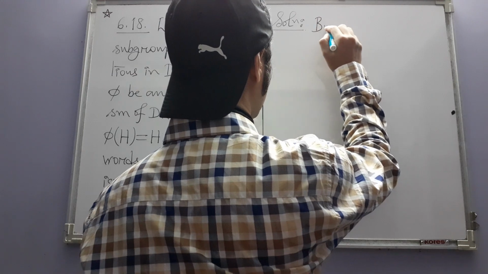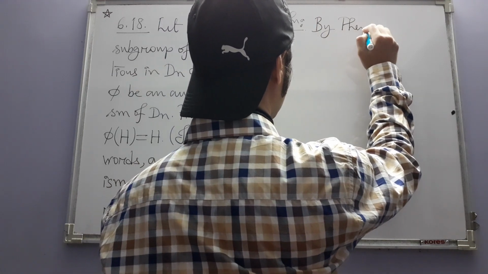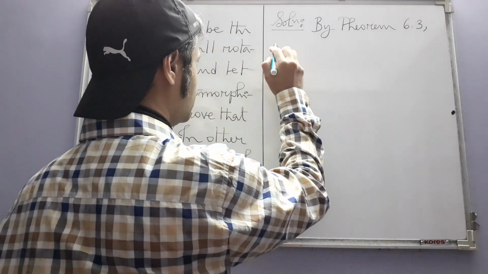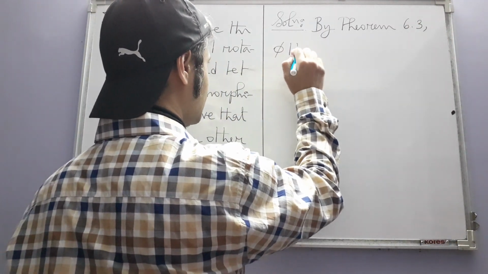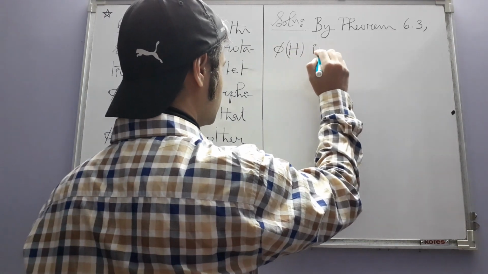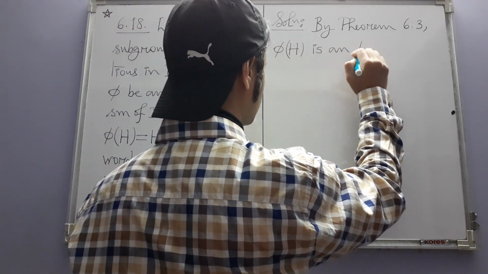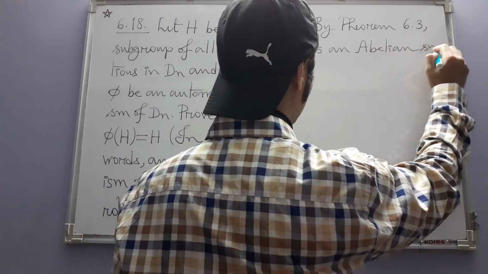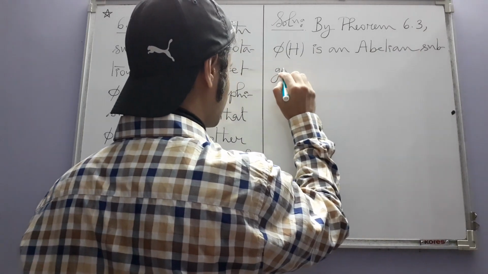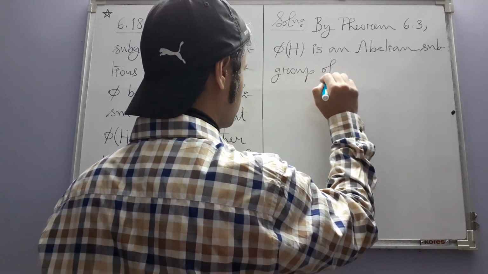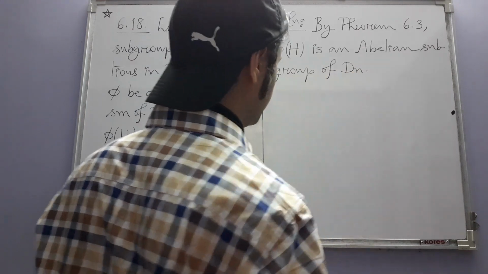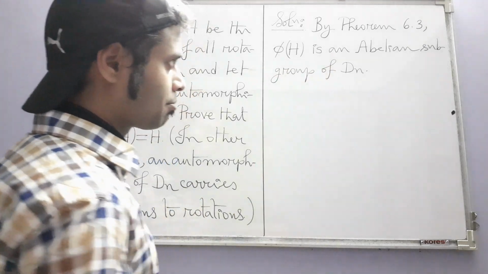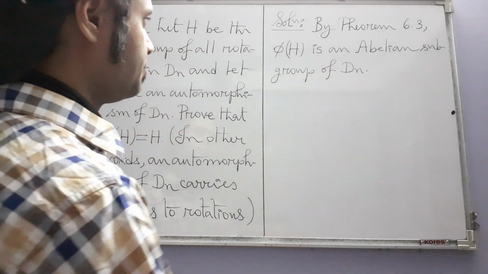By theorem 6.3, the image of H under phi is an abelian subgroup of Dn. Okay, let me just explain how the individual parts are being concluded here.